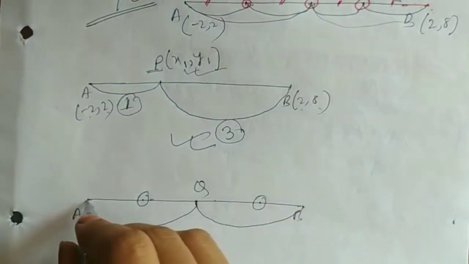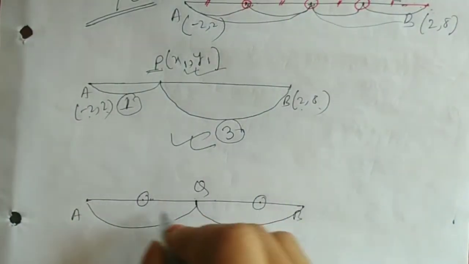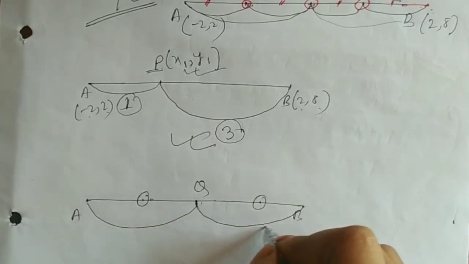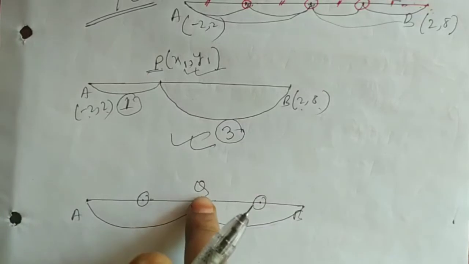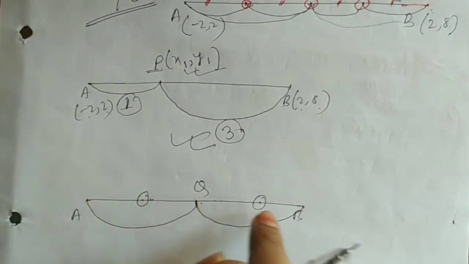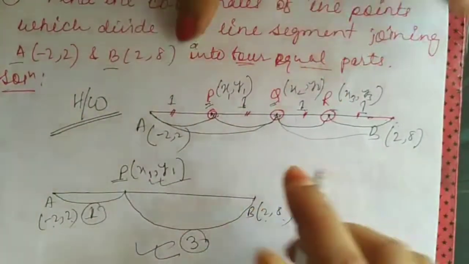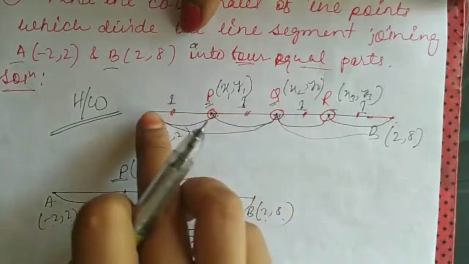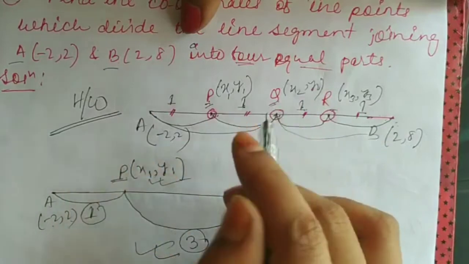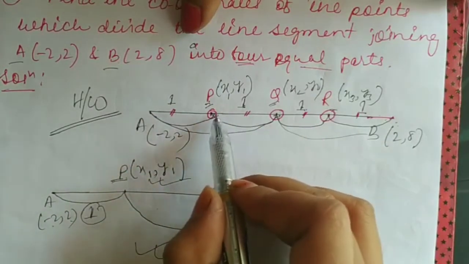The ratio, the Q divides AB in two ratio. This is AQ and QB. The parts of the AB in case of the point Q is what? AQ and QB. So how many parts does AQ have? 1 to 2 parts, no? So for AQ, we need AP and PQ.